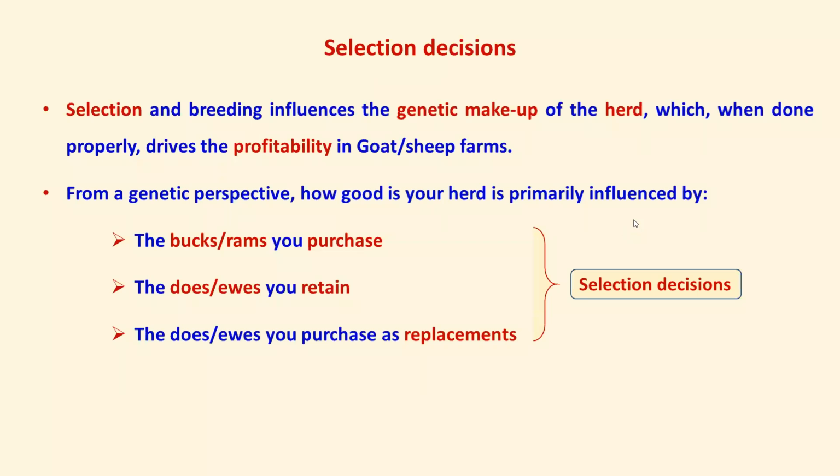And lastly, when you purchase replacements for your breeder farm, you also have to apply the basics of selection. So these are the three steps where you have to apply selection decisions, so that your herd will not remain stable in respect of performance, but will improve generation after generation.